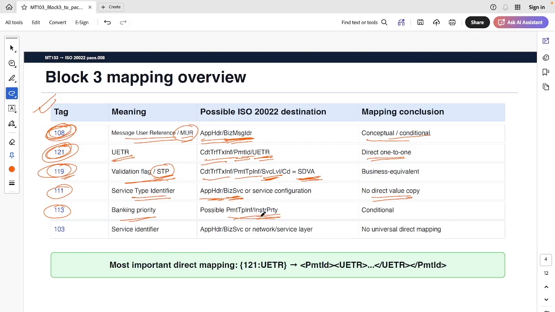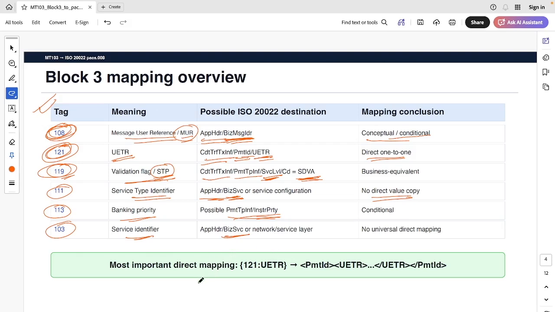We need to first understand the meaning of the MT value and the applicable bilateral or service rules between the financial institutions. Finally, we have field 103, which is the service identifier. This may also affect the business service element, the network layer, or closed user group arrangement. So it doesn't have a universal direct pacs.008 field mapping.